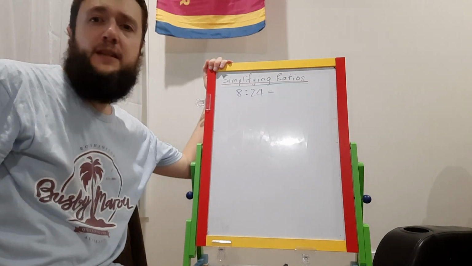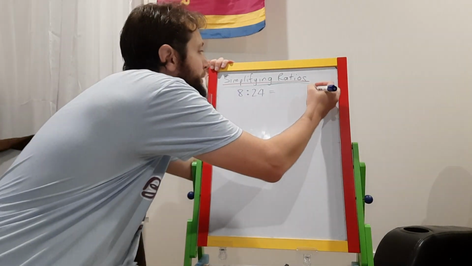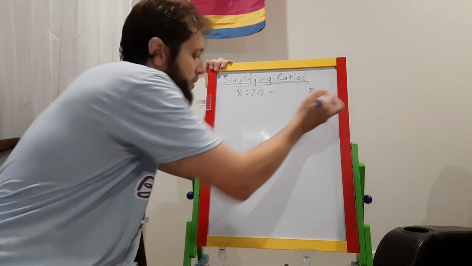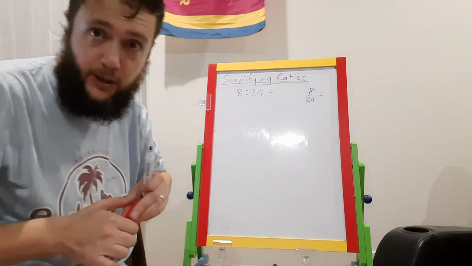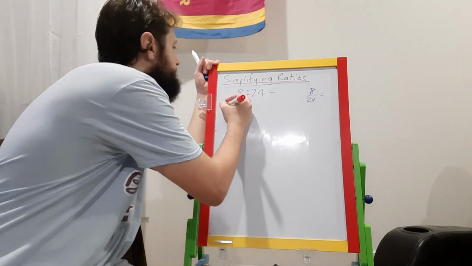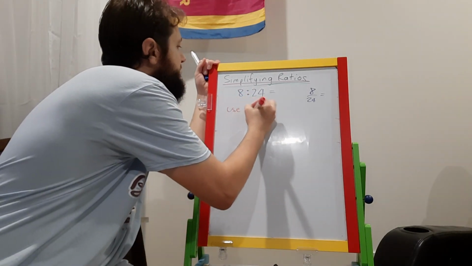So the same process as if we had 8 over 24 as a fraction. We would try and find the highest common factor. Remember highest common factor? HCF.